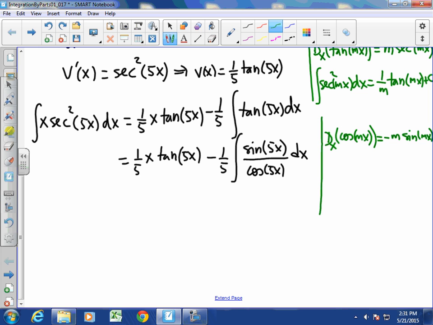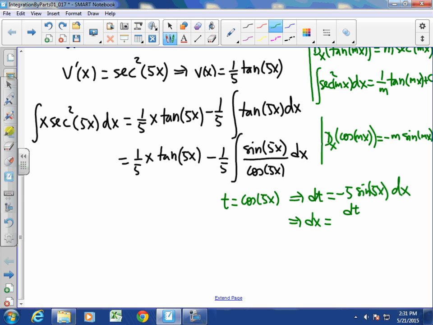So if we say t is equal to cosine of 5x, then dt is going to be negative 5 sine of 5x dx. In other words, dx is going to be dt over negative 5 sine of 5x.